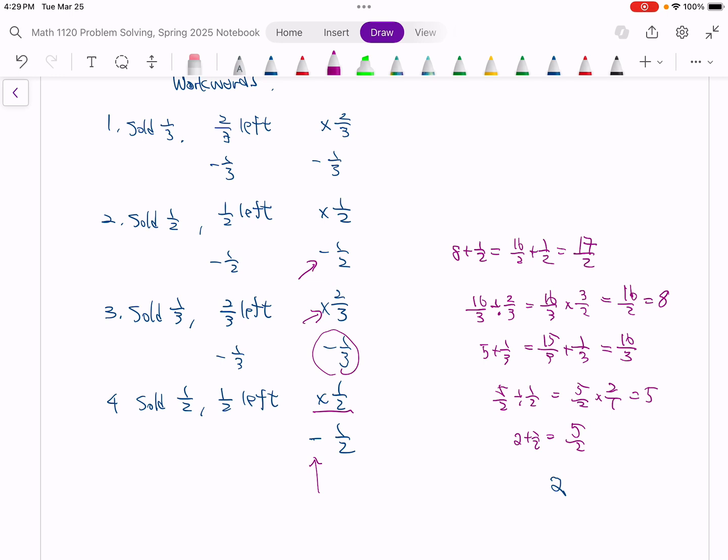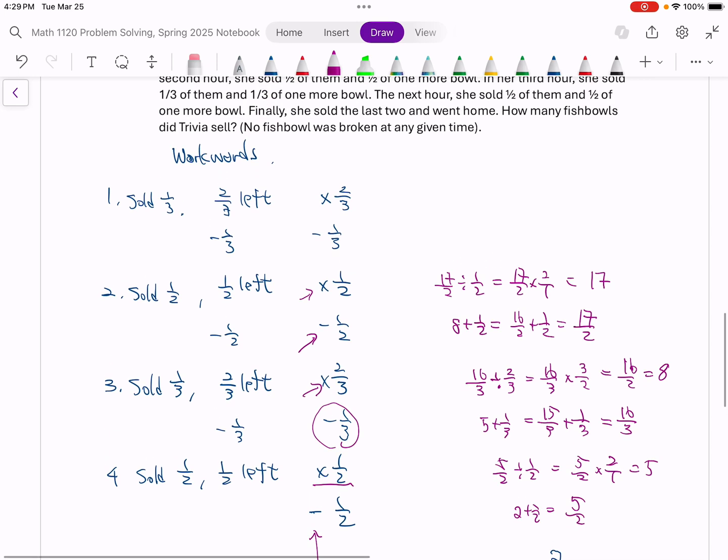How do you get here? You multiply by 1/2 to get to this, so reverse the operation of multiplication. So times 2/1. The answer is 17. So at the end of the first hour, you have 17 left. Before that, minus 1/3 gets you to 17. So 17 plus 1/3. Be careful.